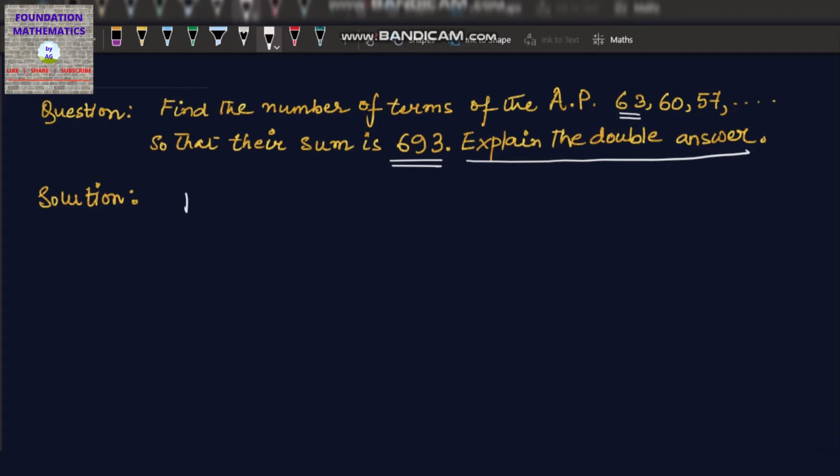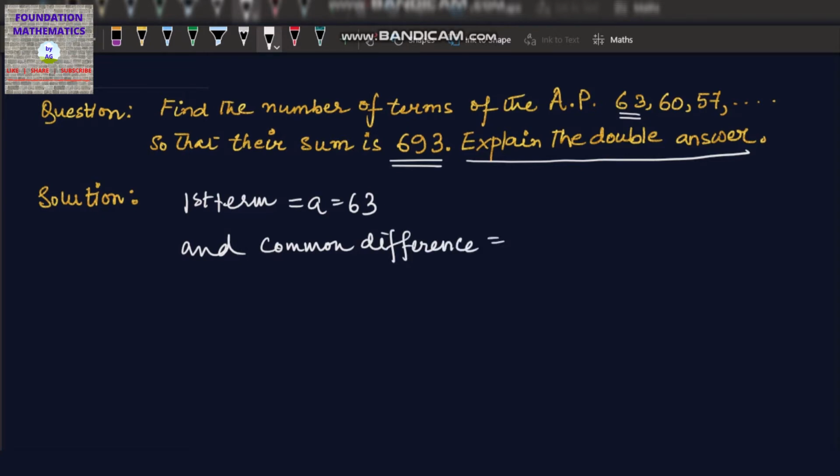So the first term which is denoted by A is 63, and common difference of the AP which is denoted by D is obviously minus 3. It's 60 minus 63. You can also write 57 minus 60.